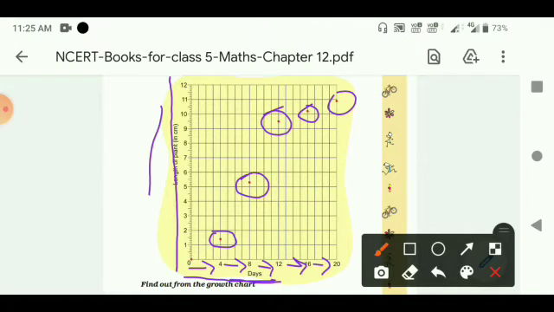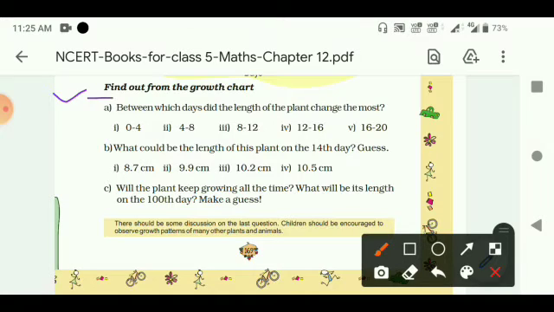Now proceeding further, here is a question. Find out from the growth chart between which days did the length of the plant change the most? From 0 to 4 or 4 to 8 or 8 to 12, 12 to 16 or 16 to 20.